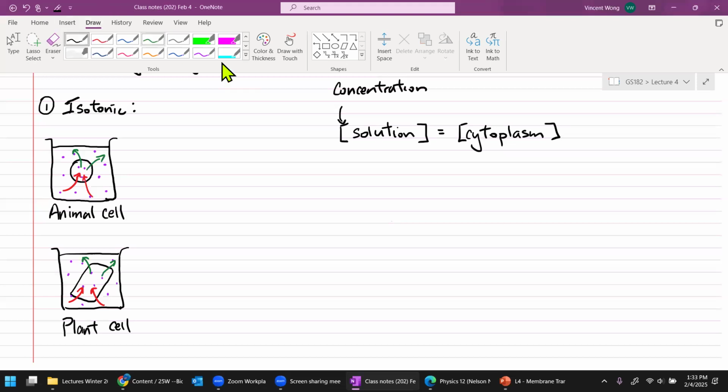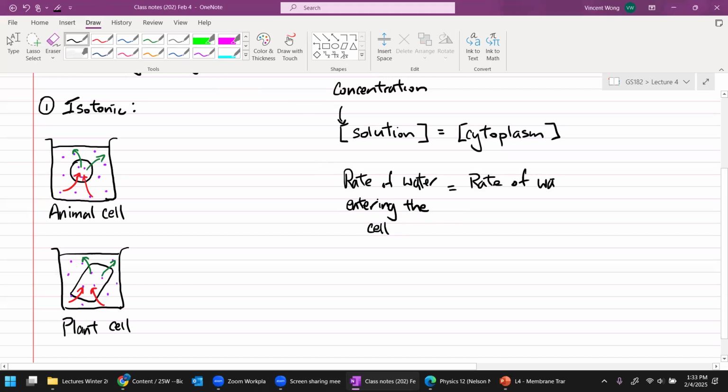All right, so let me write this down for you. Rate of water entering the cell is equal to the rate of water leaving the cell.